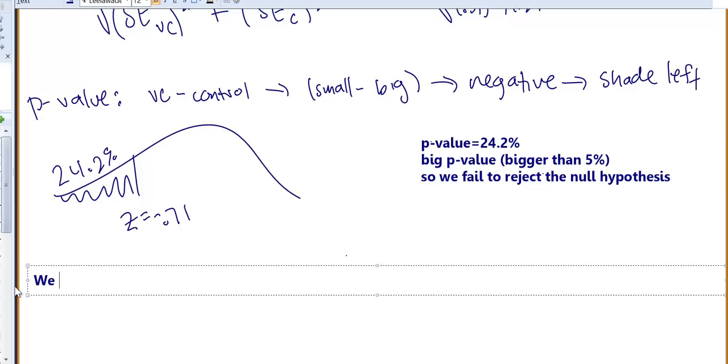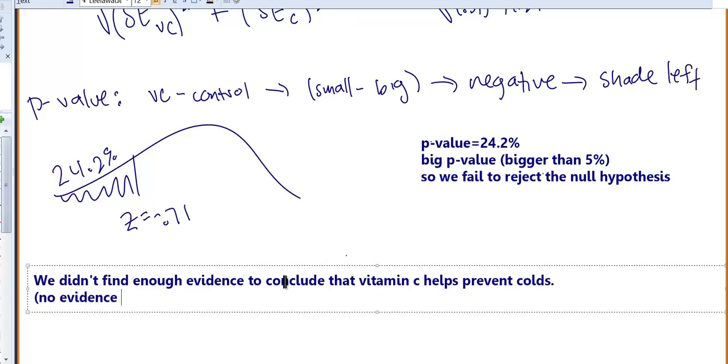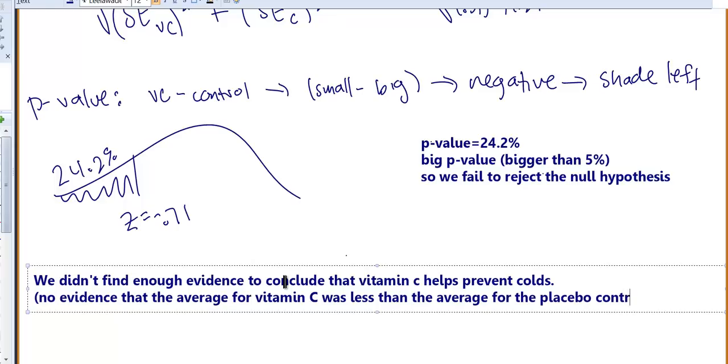And what this means is we didn't find enough evidence to conclude that vitamin C helps prevent colds. In other words, no evidence that the average for vitamin C was less than the average for the placebo control group.